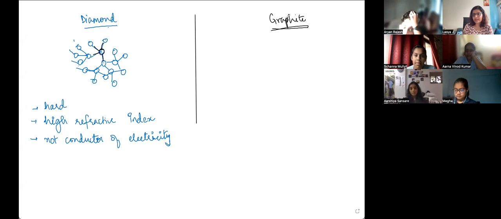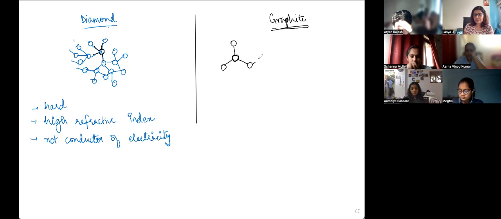In the structure of graphite, by contrast, each carbon atom is linked to only 3 other carbon atoms. Here it is linked to 4 carbon atoms, and here it's linked to only 3 of them. So this one has 3 more carbon atoms. Then this also is linked to 3 more carbon atoms.